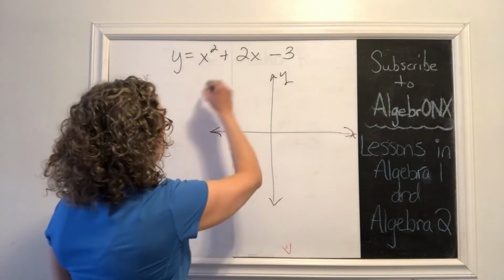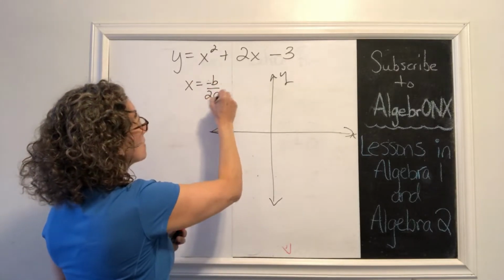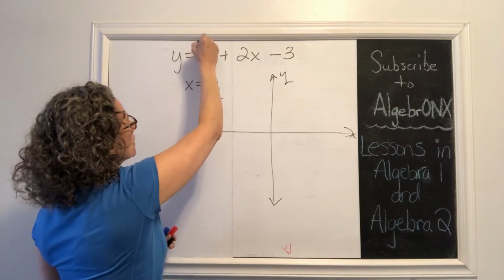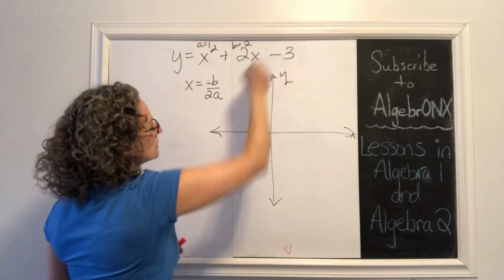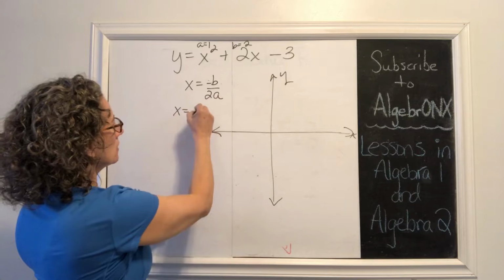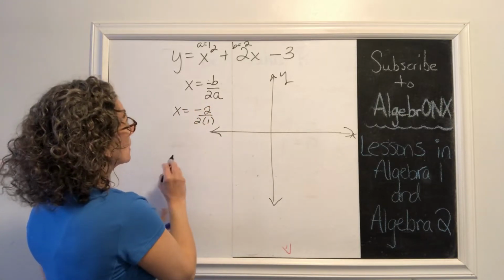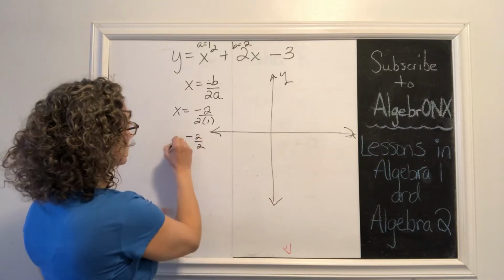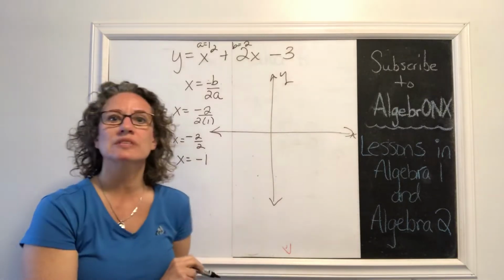The axis of symmetry is x equals negative b over 2a. a equals 1, b equals 2. We don't need c right now in this formula. So negative 2 over 2 times 1 equals negative 1, so x equals negative 1.